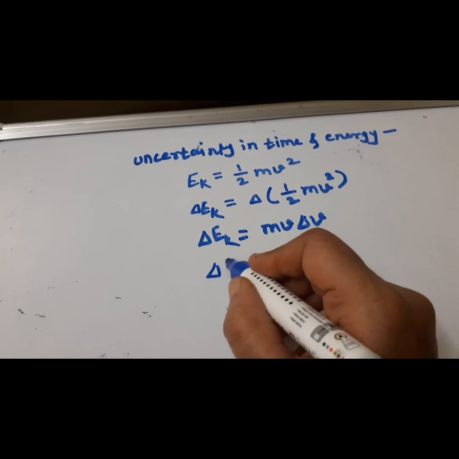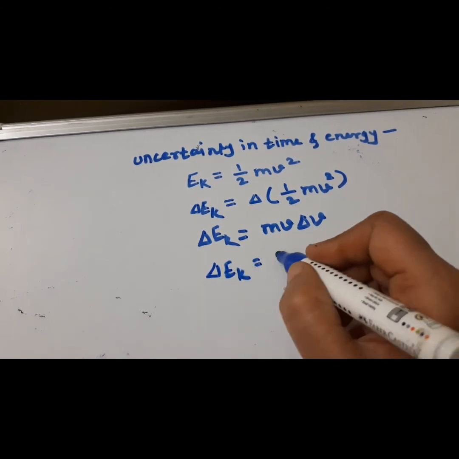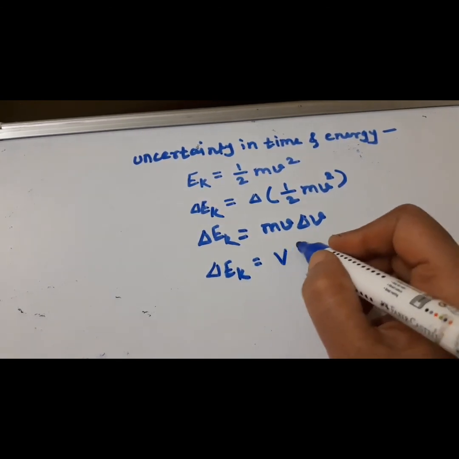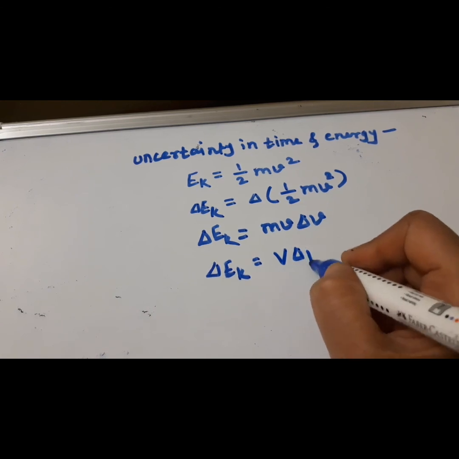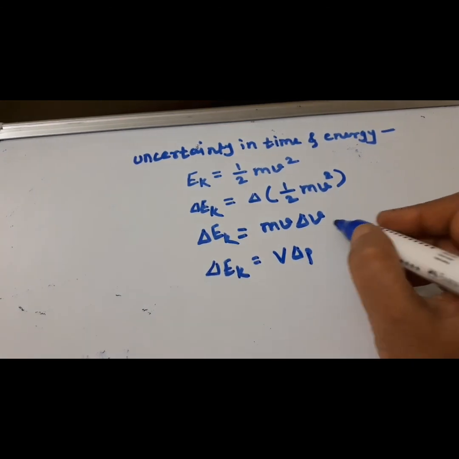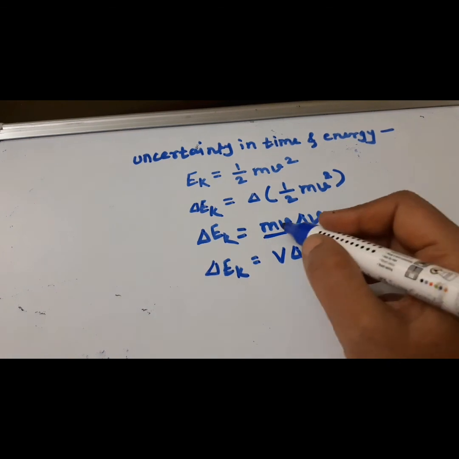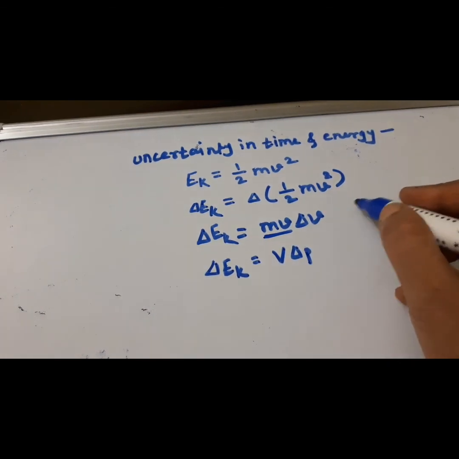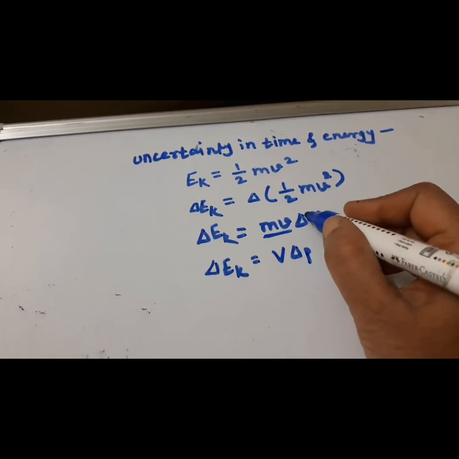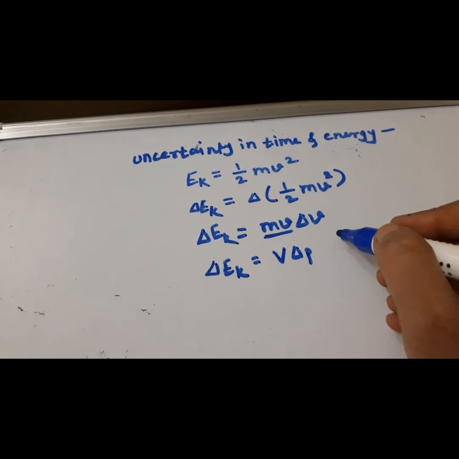Delta Ek is equal to v delta p, because mv is equal to p, so we can write v delta p.